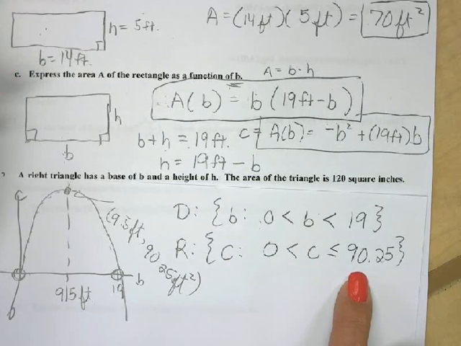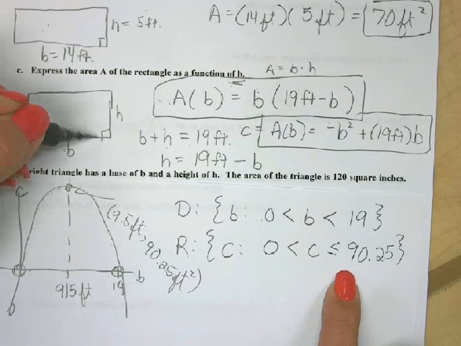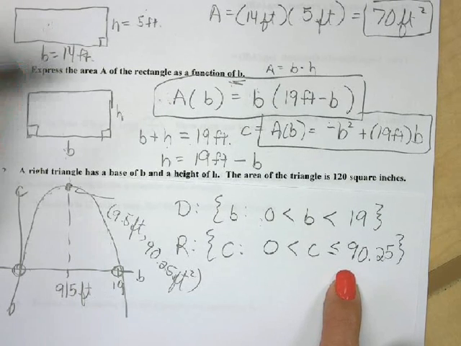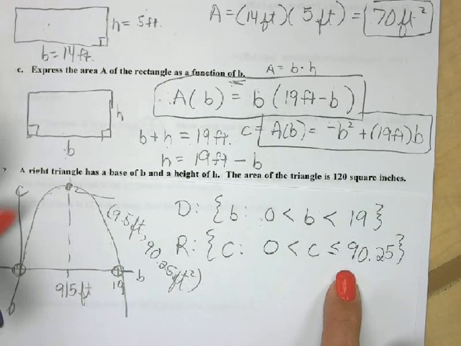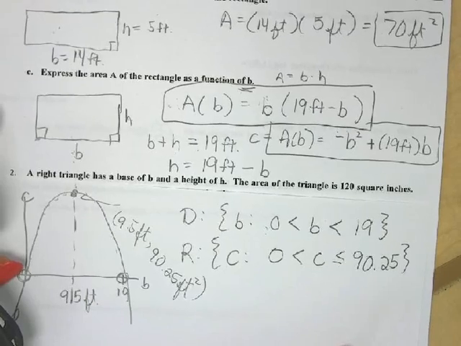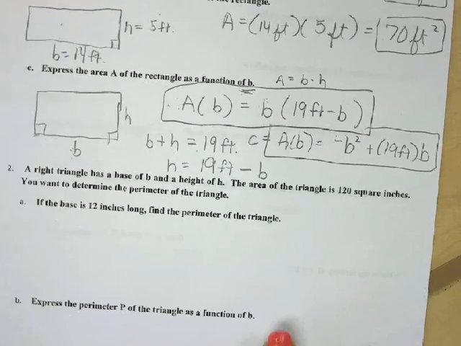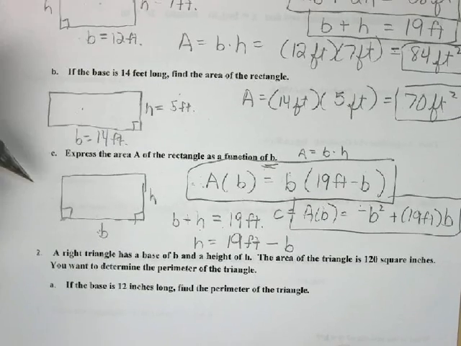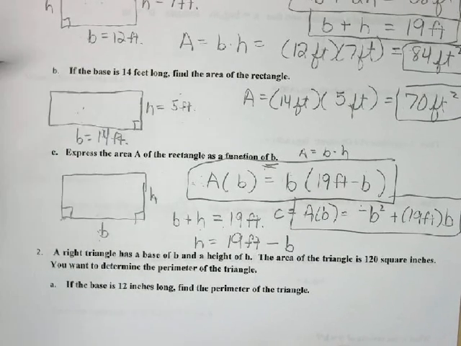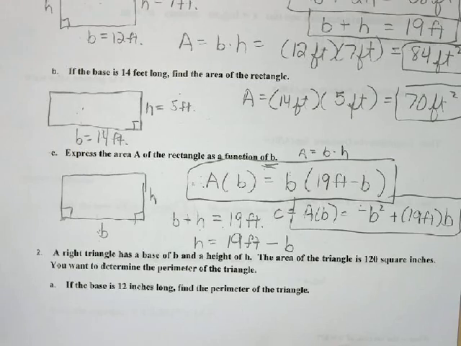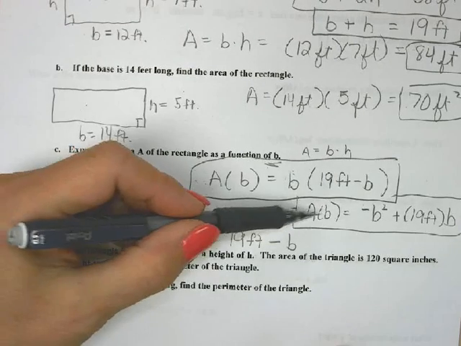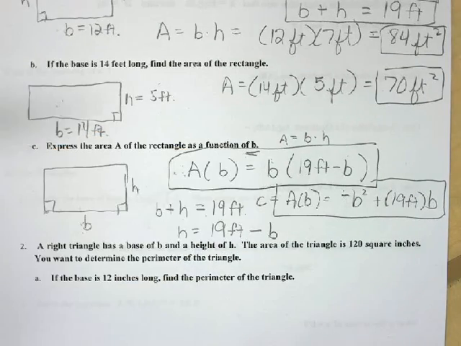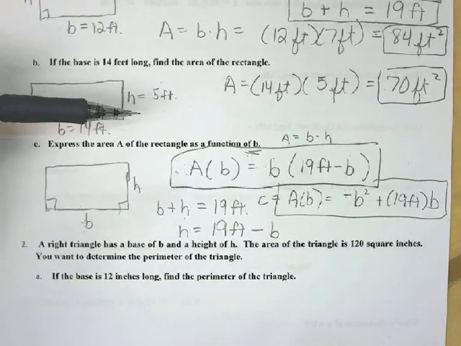And having the shape be a square of 9.5 by 9.5 feet is actually going to maximize this area for that specific situation. Okay, so we've looked at area of rectangles, we've looked at perimeter, we've looked at trying to write relationships between them, and kind of reviewed what we did in Chapter 2 with parabolas bowling downward and having the vertex be a place that would be at a maximum for our function.